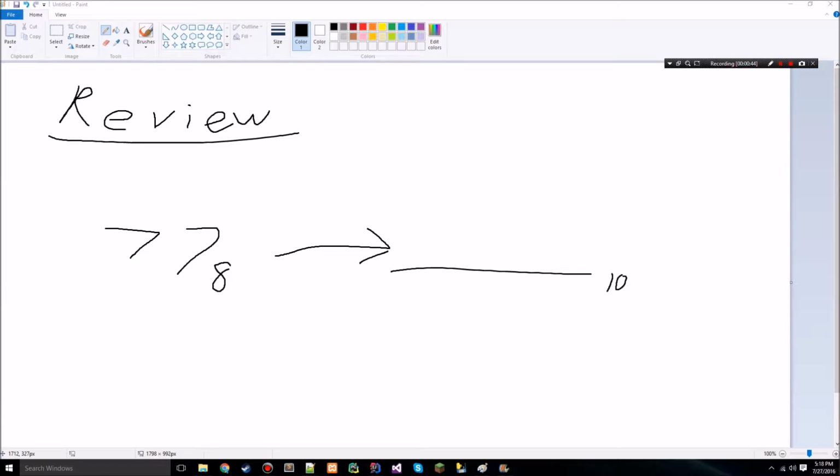But anyways, I just want to do a quick review before we get into today's lesson, reviewing how to convert base into decimal. In the last video, I called them bases, but you might also hear them called radices or radix.